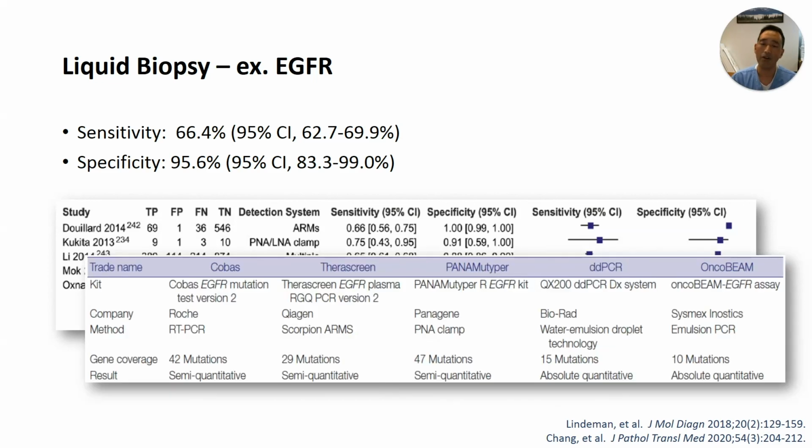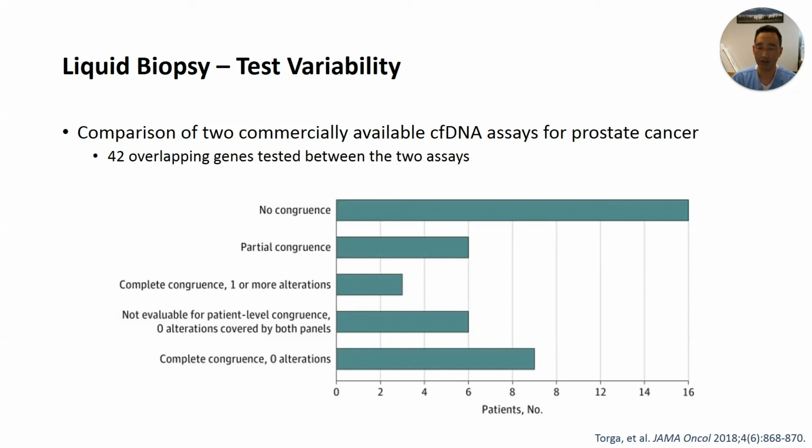In addition, there are a number of different commercially available platforms that are out there, and they test for a variety of different numbers of mutations. And you really need to know what your assay tests for so you know what you're looking at and what information you're getting. Now, on top of that, the performance characteristics of these tests may vary.